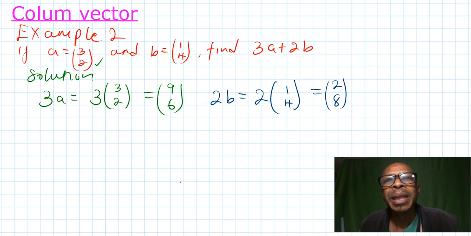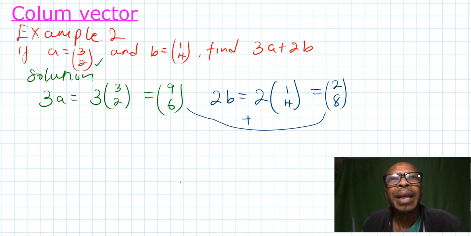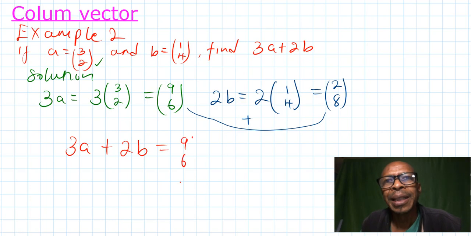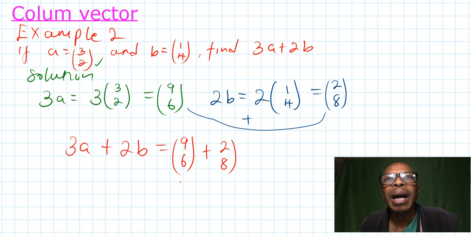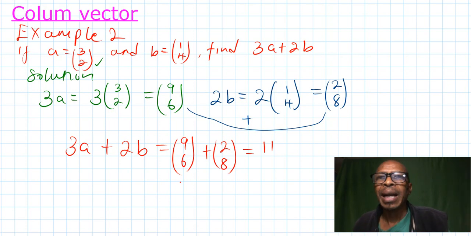This means that if we add the two, then 3A plus 2B will be, our 3A is (9, 6) plus (2, 8), our 2B, this gives you what? (11, 14).